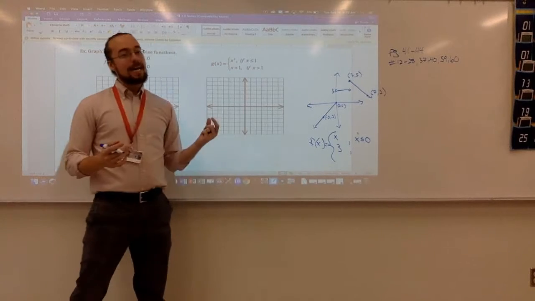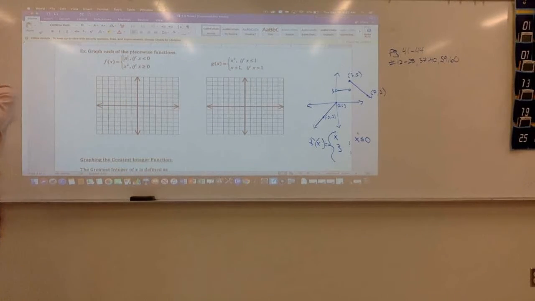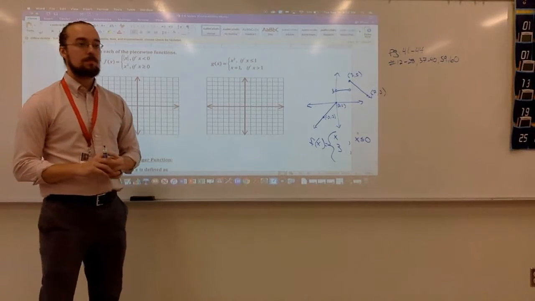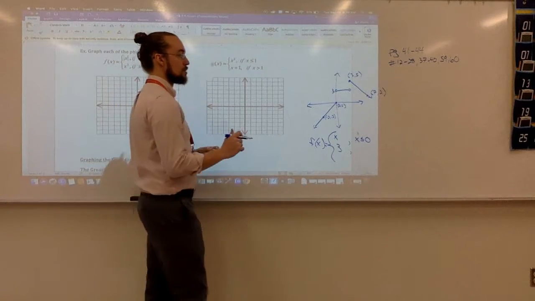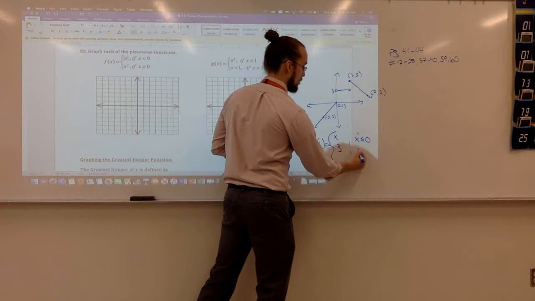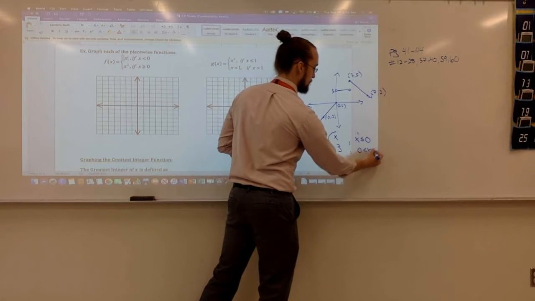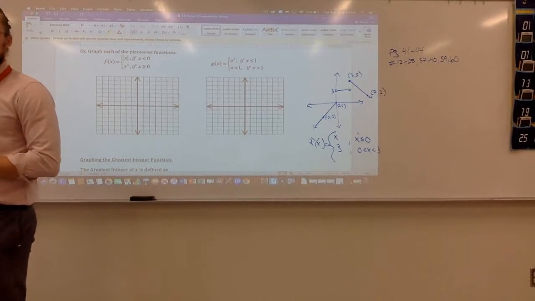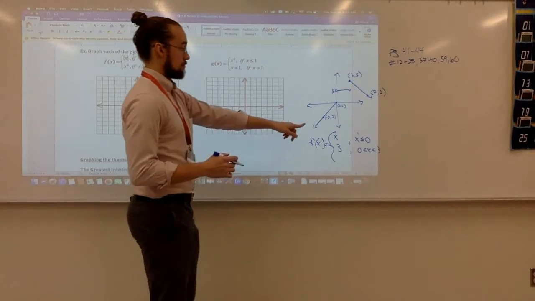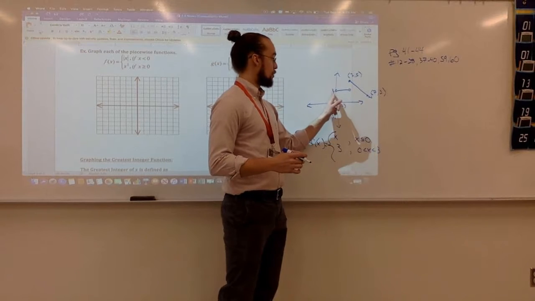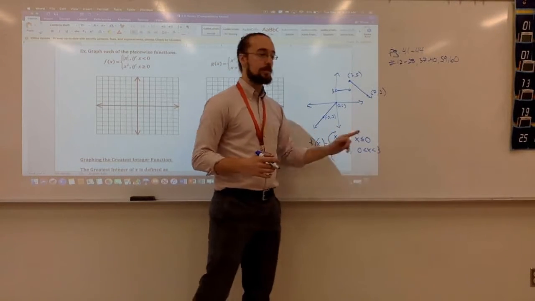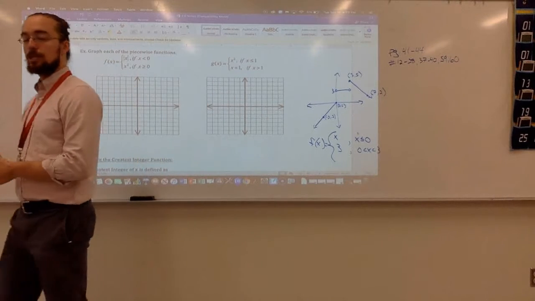What is the domain of that piece? What x values is that defined for? Greater than 0 and less than 3. Again, neither of these points are included, so these are just less than symbols, not less than or equal to.